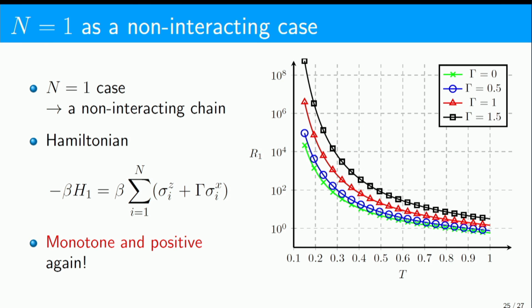To consider the case, I will introduce the no-interaction chain defined by this Hamiltonian, and for this Hamiltonian, the scalar curvature is apparently monotone and positive, so monotonicity and positivity come back in this case. And these properties won't change so much if we change the transverse field.